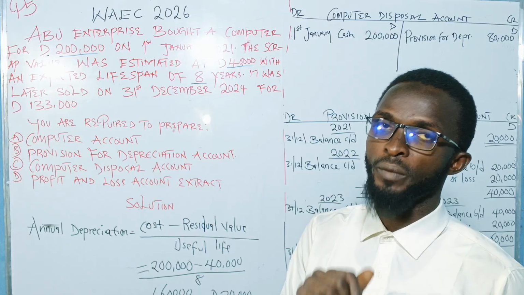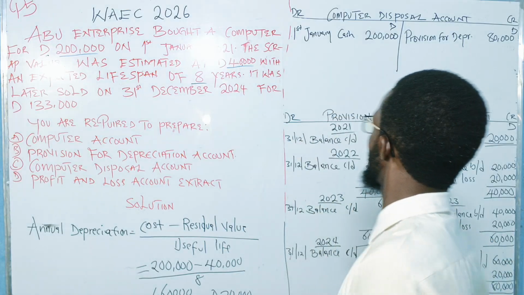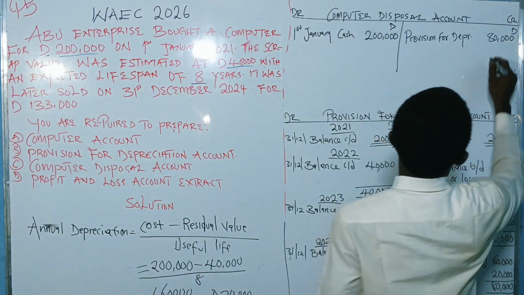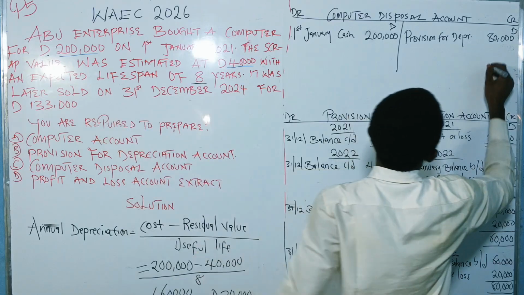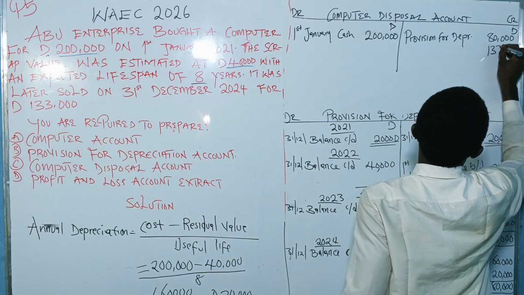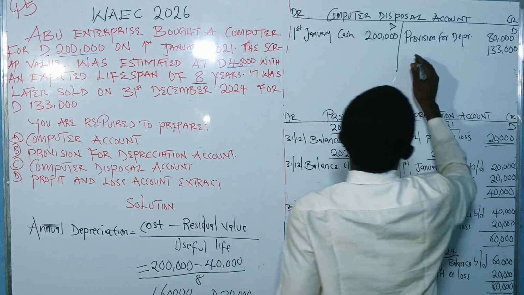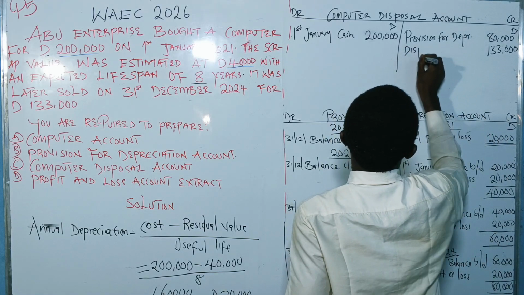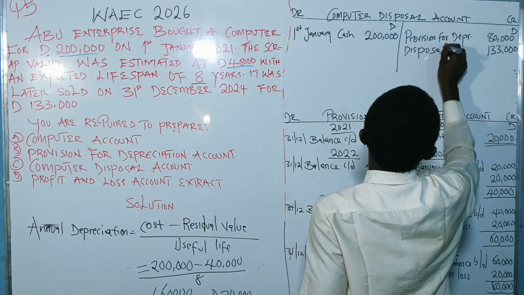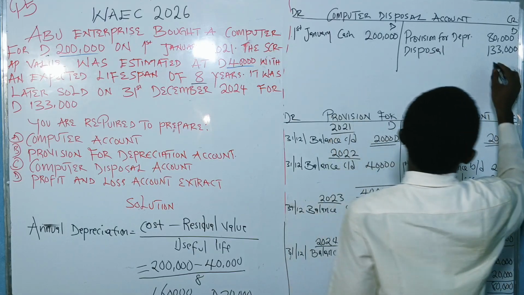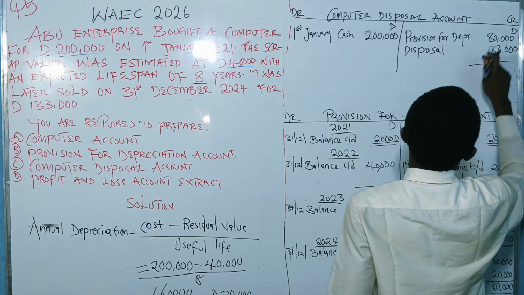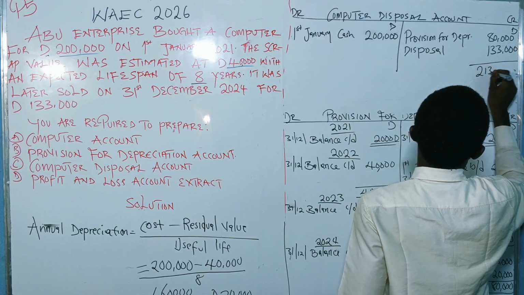That means there is probably some gain. So we write the amount we sold the asset, 133,000, as disposal. This plus this is 213,000.